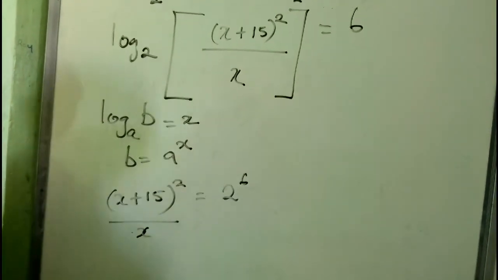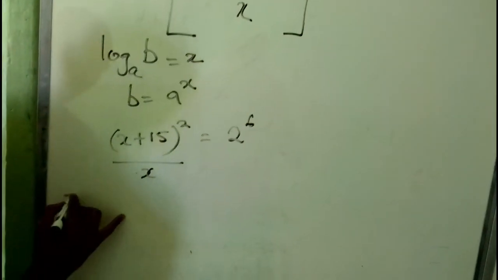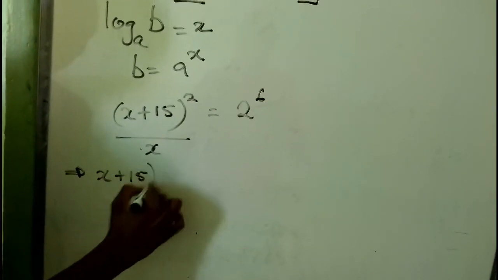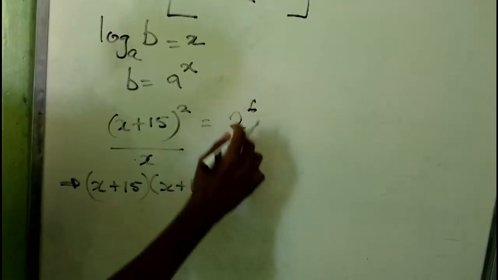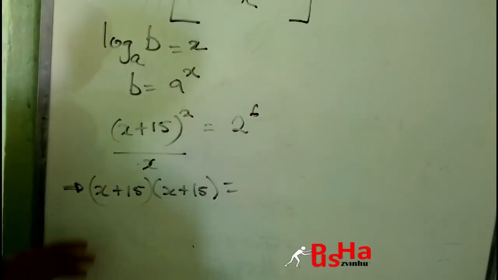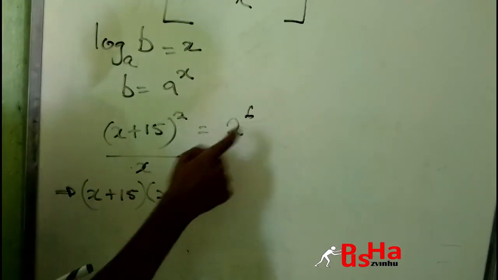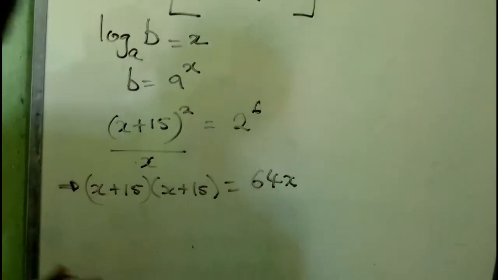So we are solving it as a quadratic equation. We have (x plus 15) squared by expanding the bracket, and then 2 to the power of 6, which is 64. So we say 64 multiplied by x, which is 64x.